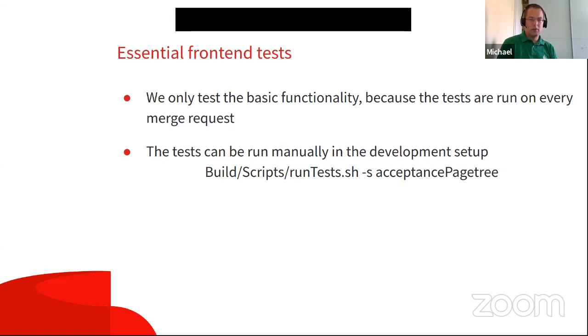The tests can also be run manually, and this can be done in the default development setup. There's information in the TYPO3 documentation on how to create this development setup, and inside you can run the build script runTests -s acceptance page tree, and those are the acceptance tests for the page tree.